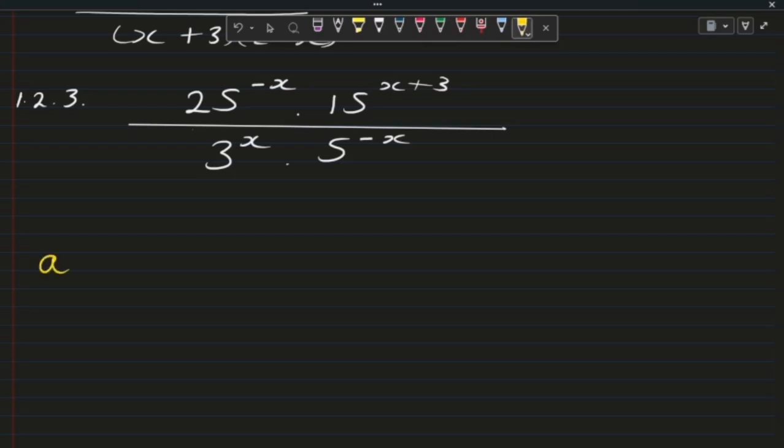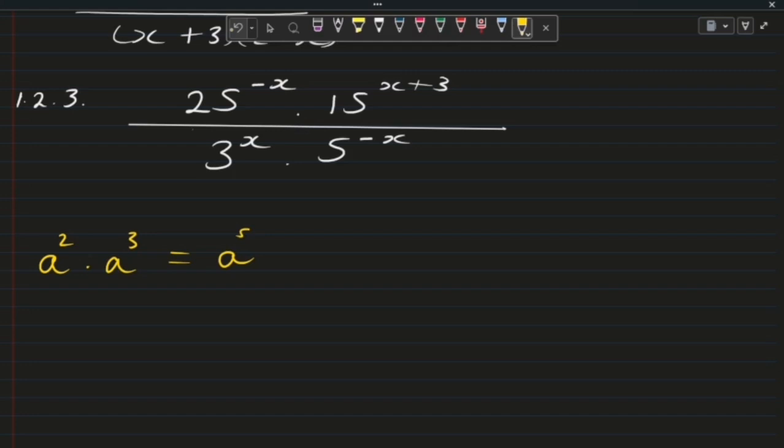Let's say I have a to the power of 2, and I'm multiplying it with a to the power of 3. According to the laws of exponents, I can do this: my answer will have one base, which is a, and to obtain the power, I simply add the powers of these two. So it will be 2 plus 3, which will give me 5. Okay, so this is my answer according to the laws of exponents.